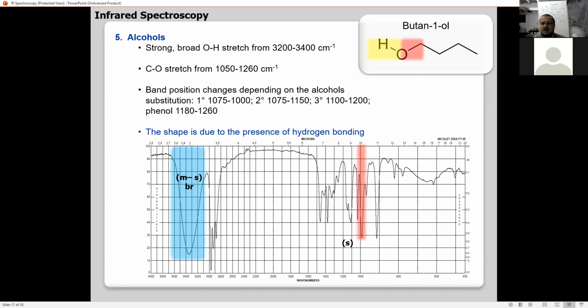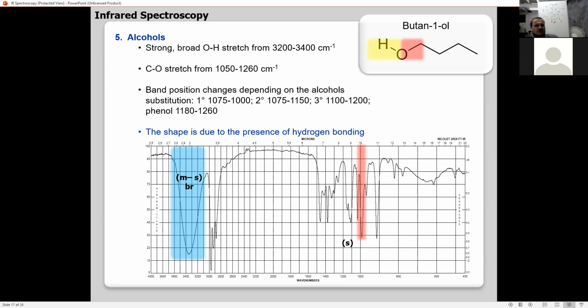Take note. That big dip over here on the left-hand side tells us there is an OH bond. Whether it's primary, secondary, tertiary, or attached to an aromatic hydrocarbon will tell you the difference.